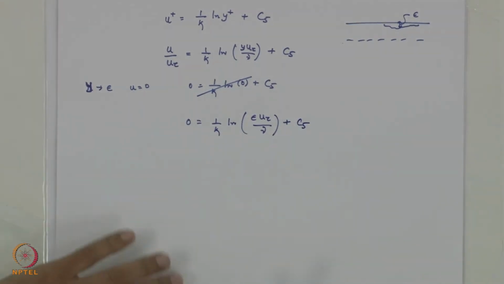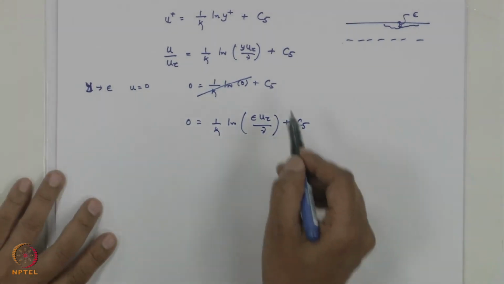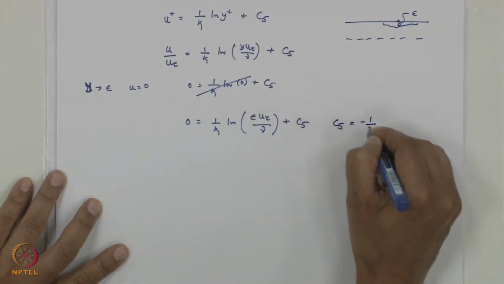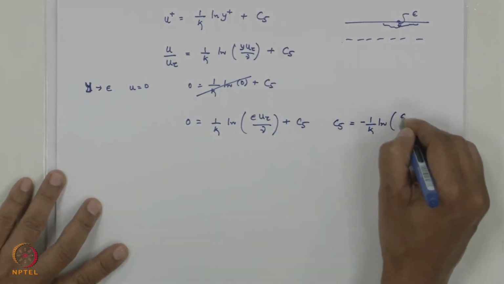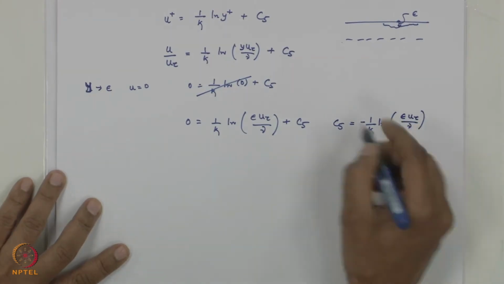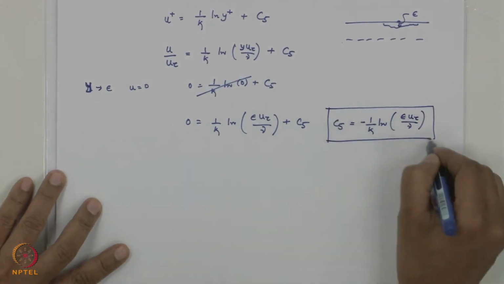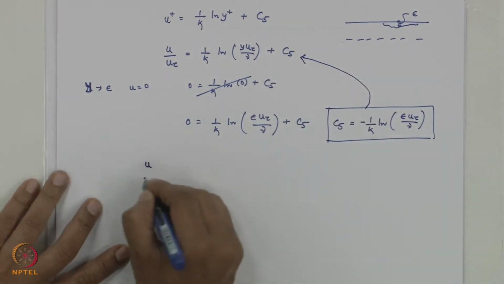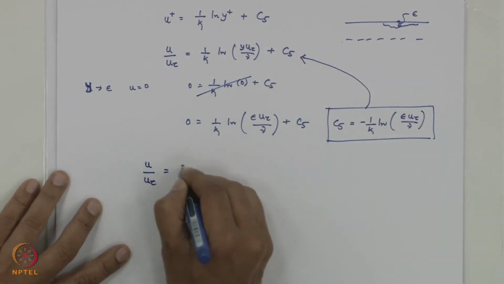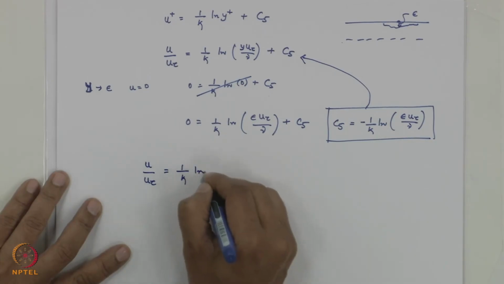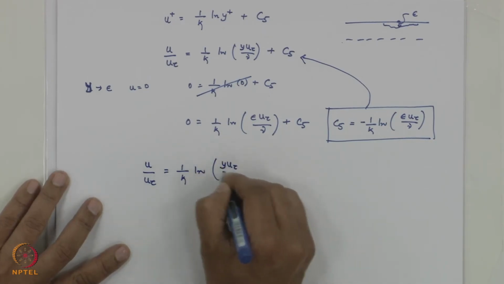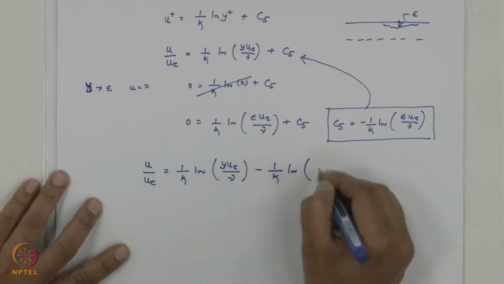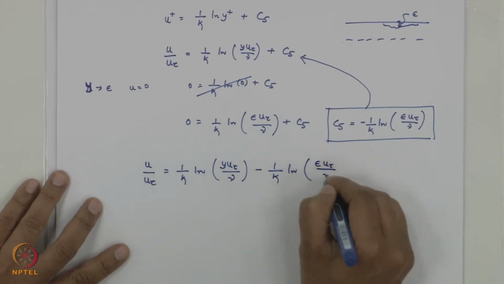So you have gotten C5 now. Substituting, C5 equals minus 1 by kappa log of epsilon u tau by nu. Substitute this in the equation. So you get u by u tau equal to 1 by kappa log of y u tau by nu minus 1 by kappa log of epsilon u tau by nu.